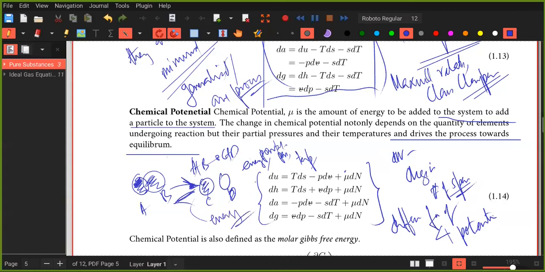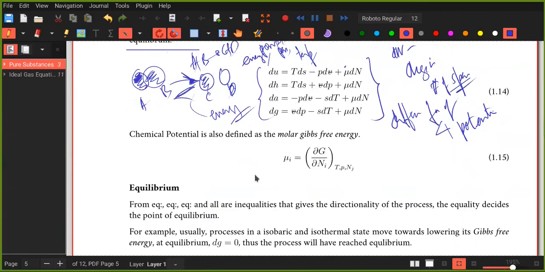The chemical potential is also defined as the molar Gibbs free energy: mu i equals dou G by dou Ni at constant T, P, and Nj. So these are constants. When the temperature, pressure and the number of other species are held constant, the chemical potential is defined as the change in Gibbs free energy for a change of one of the species.